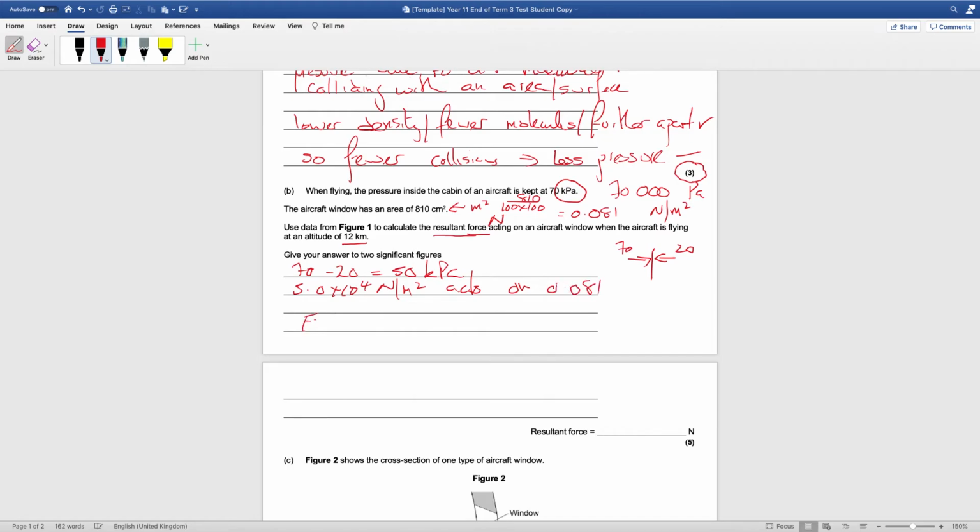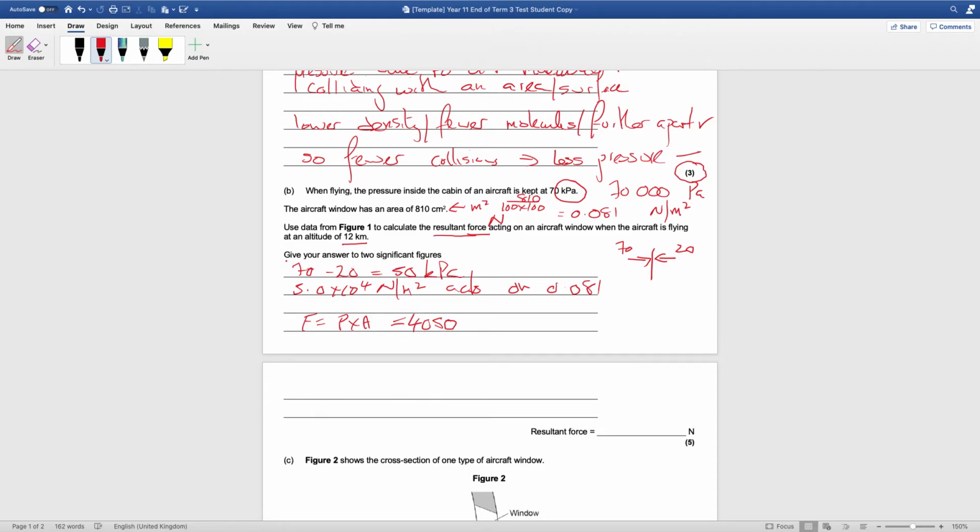The force, of course, is the pressure times the area, because pressure is force divided by area. And if we do that, then we get an answer of 4050 newtons. We don't need to worry about the units because they're there, but we should always think about it.